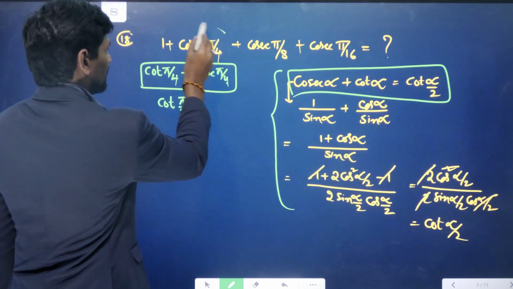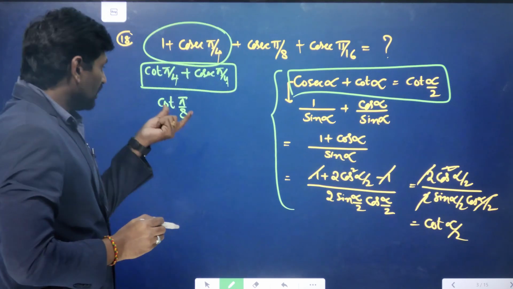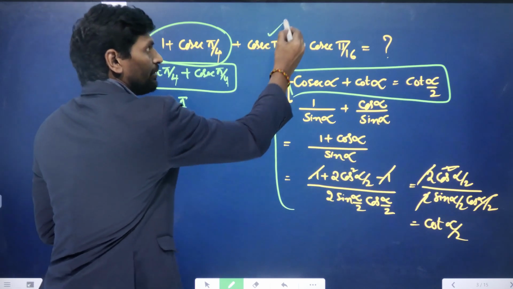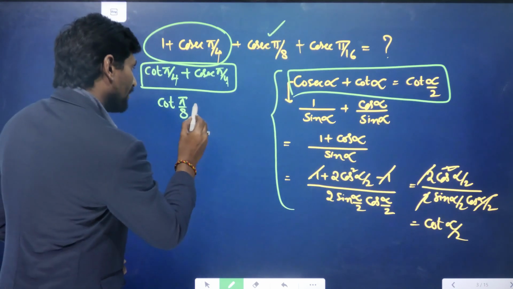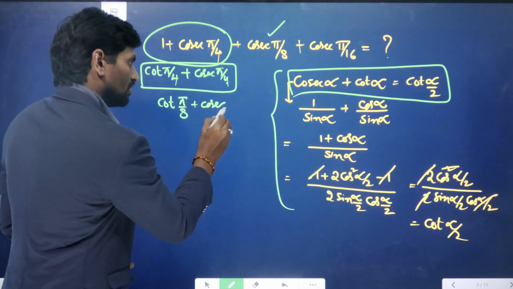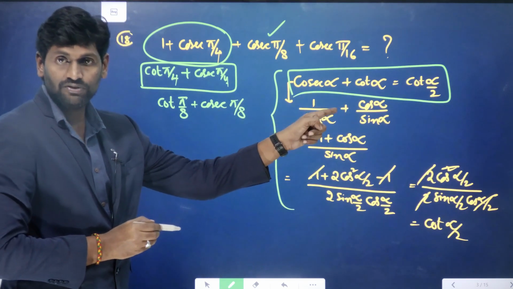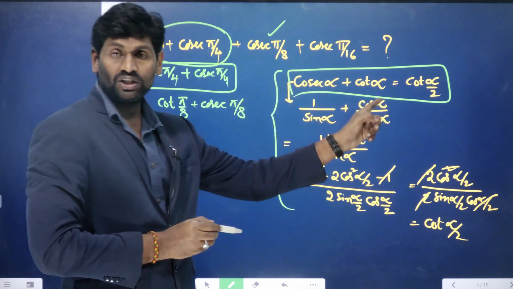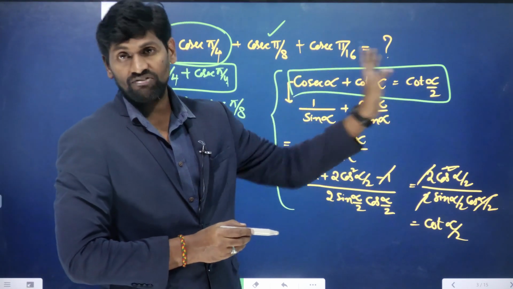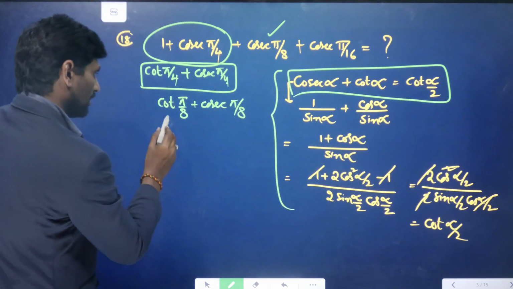So this entire value becomes cot pi by 8. Now, up to here is the value. Now cot pi by 8 and the remaining next term cosecant pi by 8. Again this format: cosecant alpha plus cot alpha is equals to cot alpha by 2. Same way this also by 2 will come.